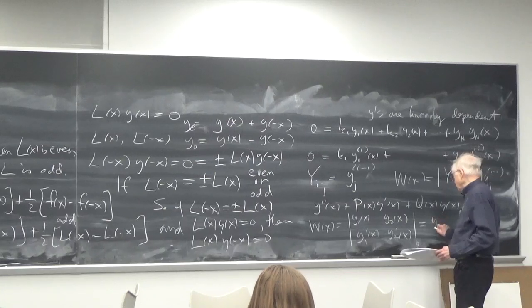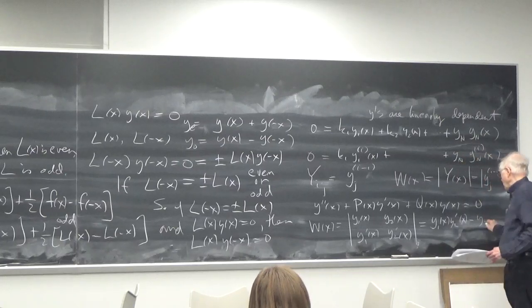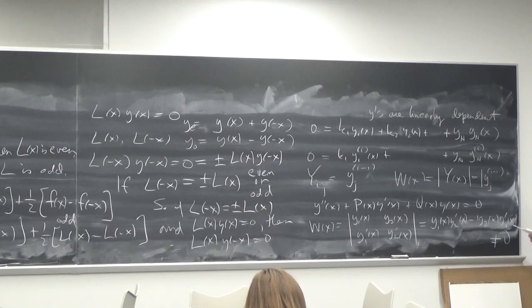And of course it's equal to y1 of x, y2 prime of x minus y2 of x, y1 prime of x. And we say this is not equal to 0, except perhaps at isolated points.